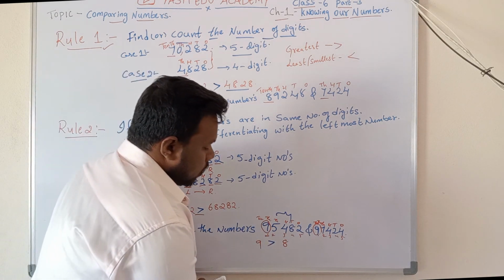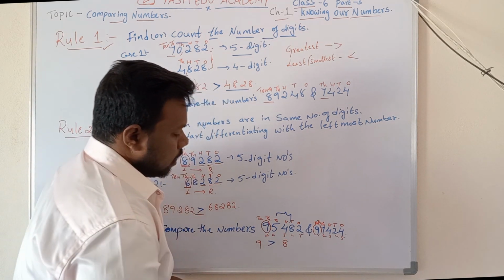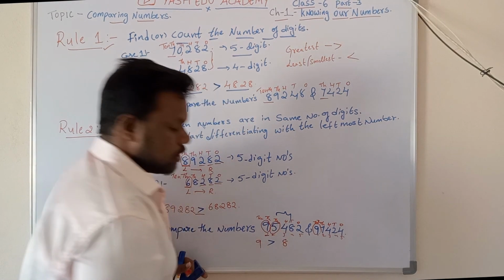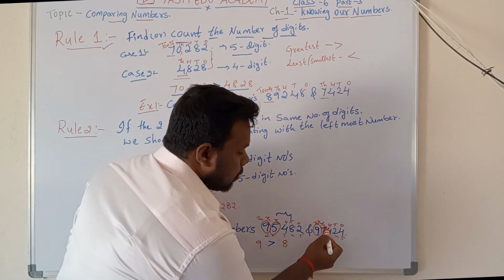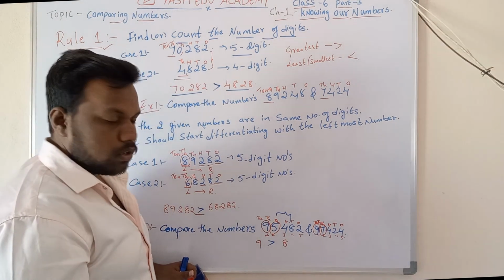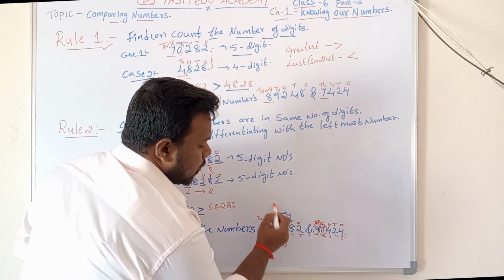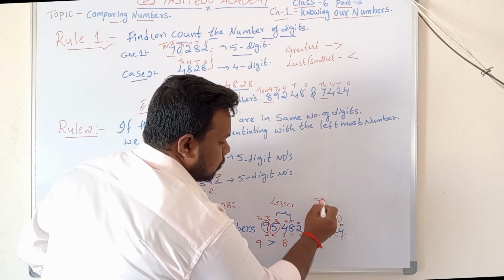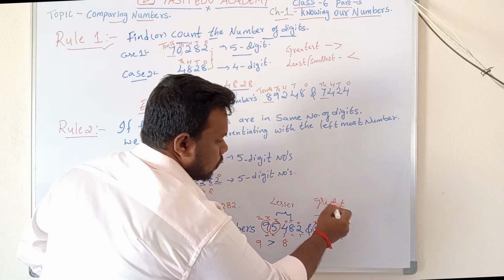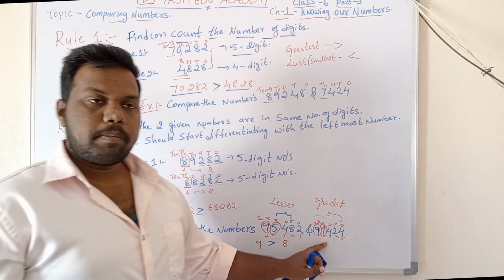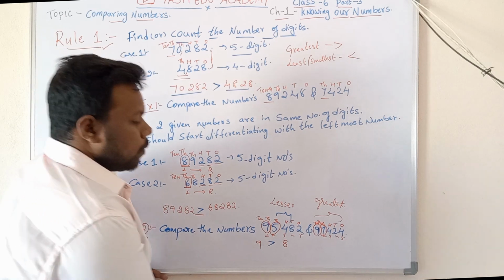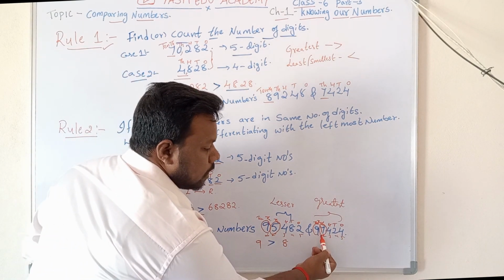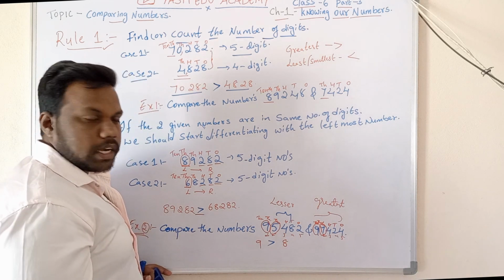So in the first number we have 5. In the second number we have 7. So this whole number gets lesser and the other becomes the greatest number, because this has the least number in the second place and the other has the highest number in the second place.